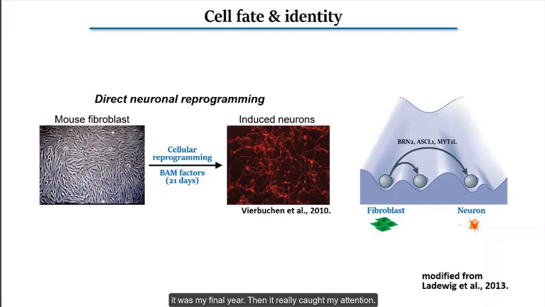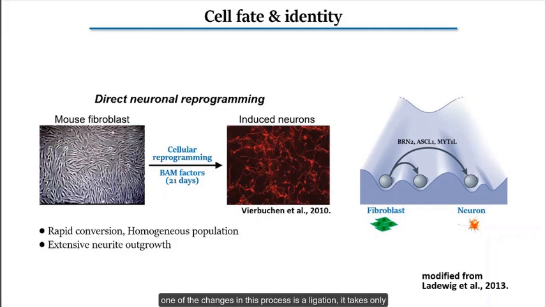These BAM factors, as we call them, Brn2, Ascl1 and Myt1l, just to give it a cool name, completely changed the morphology. And not only that, they have beautiful neurite processes, neurite outgrowth and morphological changes, and as I mentioned, it takes only 21 days, only three weeks, and it's a very homogeneous population.